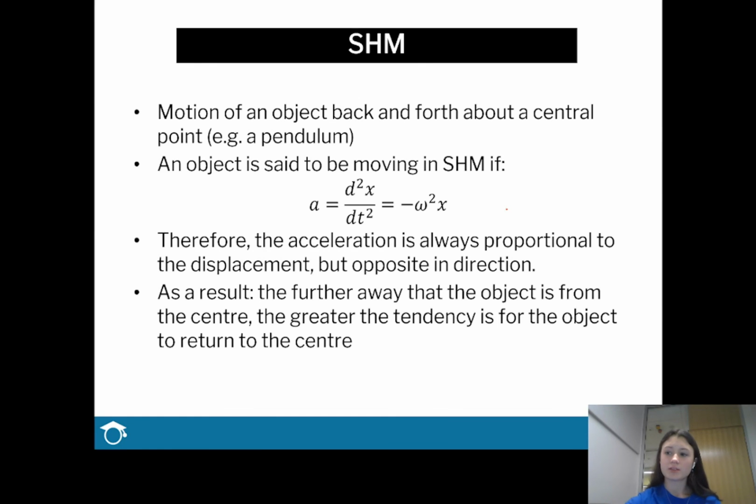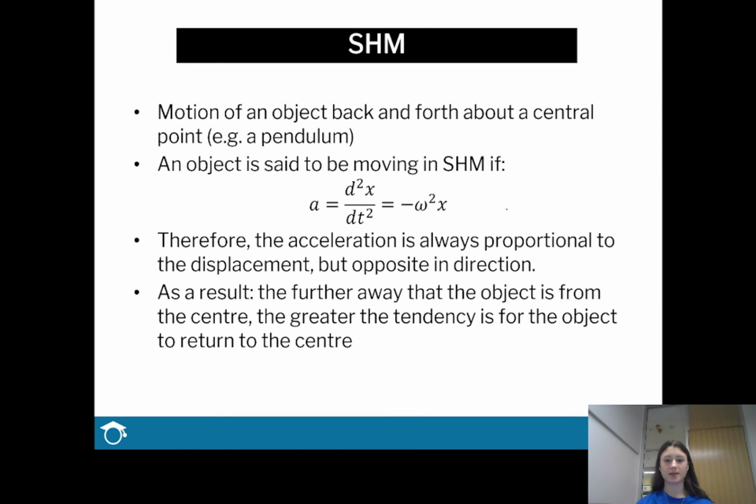Okay, simple harmonic motion. Simple harmonic motion is kind of a trickier concept to get your head around. It occurs when you have motion which is cyclical, so it's moving back and forth.